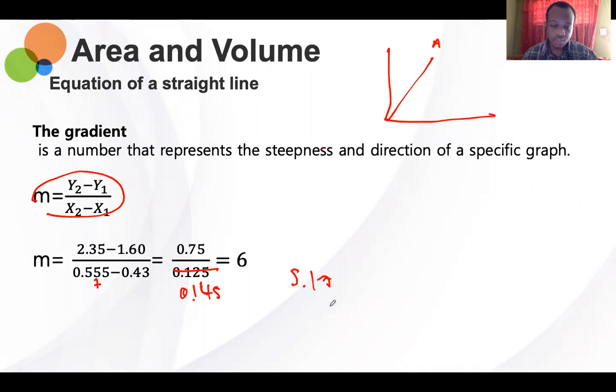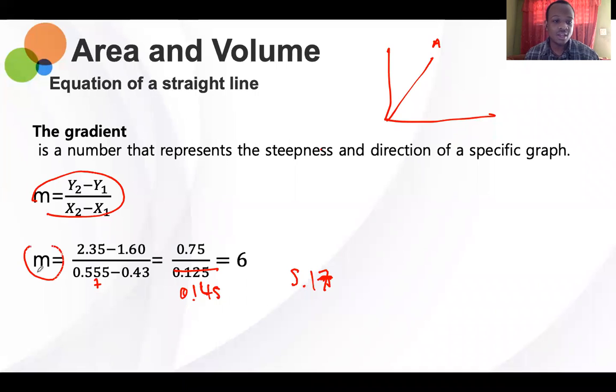All right. So we plug in our values. We have our y2 values, we have our y1 values, our x2 and our x1, right? We quantify this by subtracting 0.575 minus 0.43. We did the same thing up here, and we simplify this down, and we get 5.17. That is our final value for the gradient.